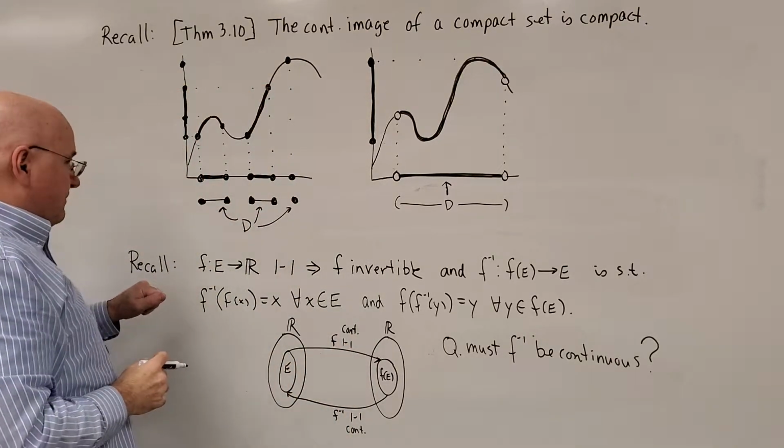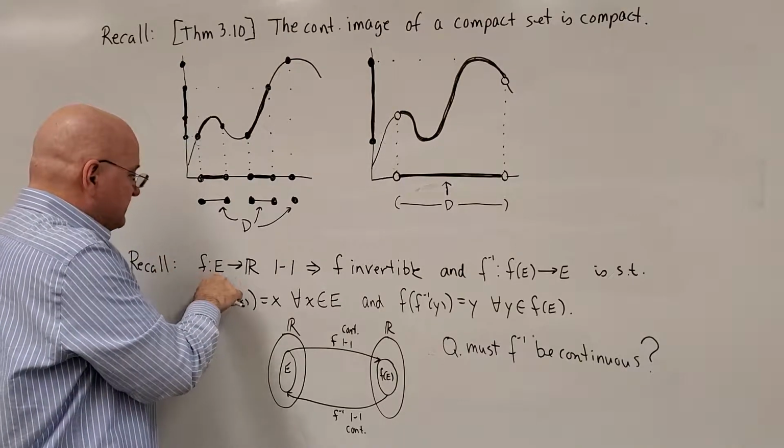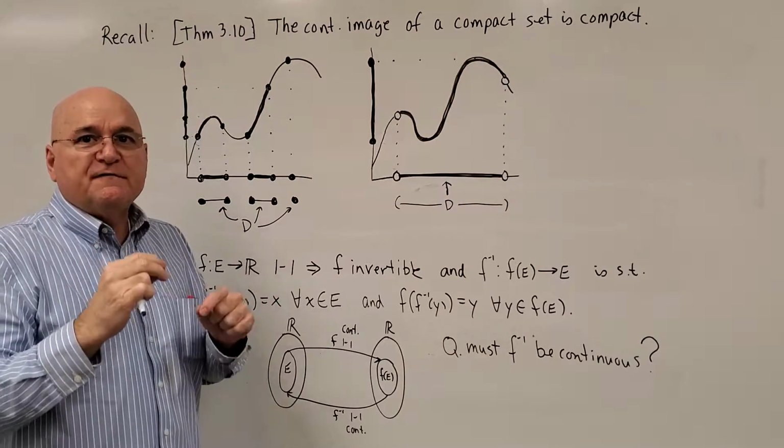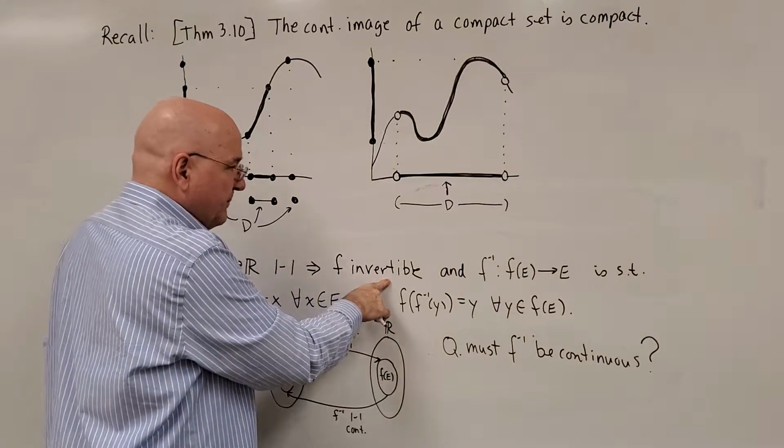Well, recall also that if f maps E into R is a one-to-one function, one-to-one functions have inverses. So f is invertible.